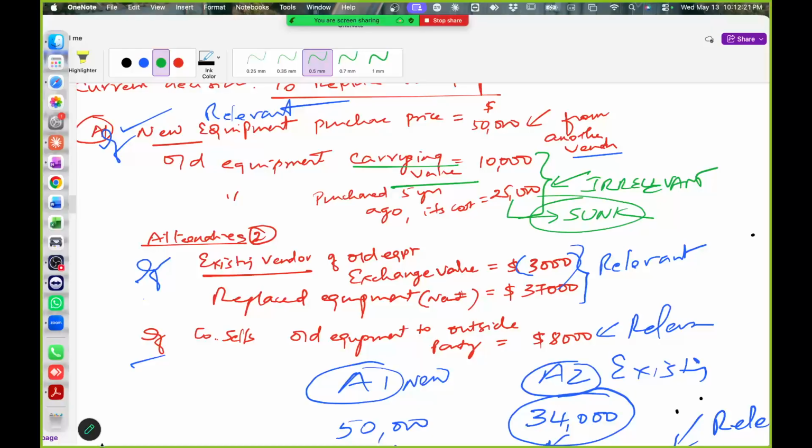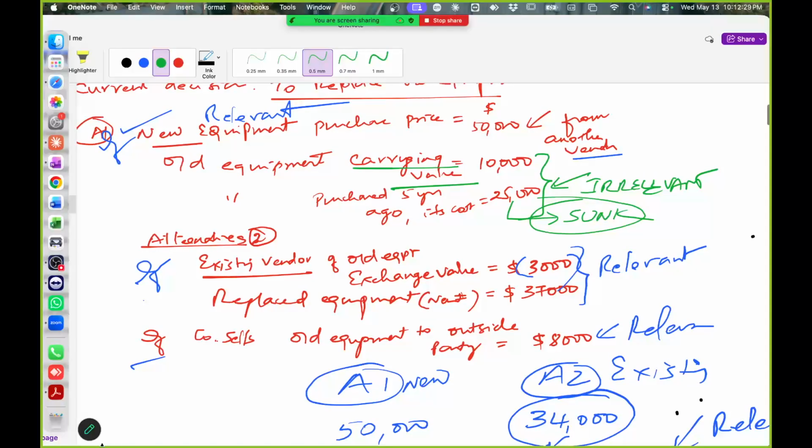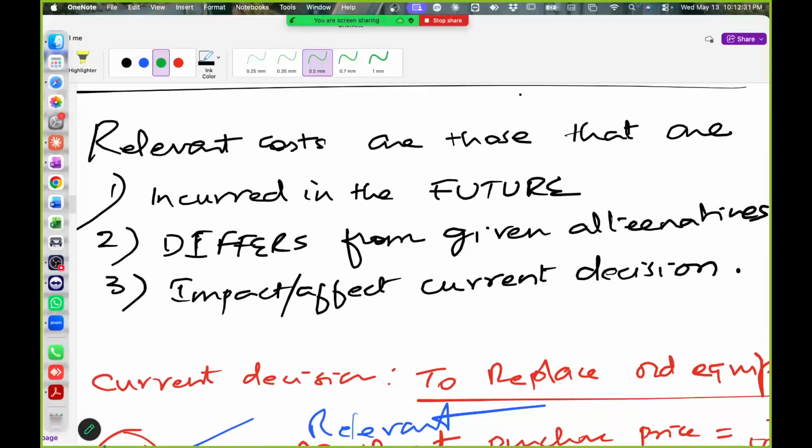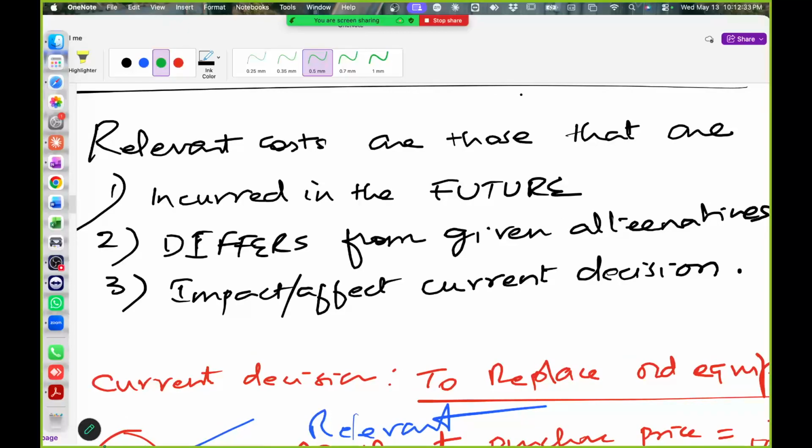Are you all getting it? So many examples I can speak. At the end of the day, I am repeating, as a manager, I should be concerned about these things. There are so many other terms I gave you as a sample. They will be used in a different context when we go to the application areas in relevant costing.